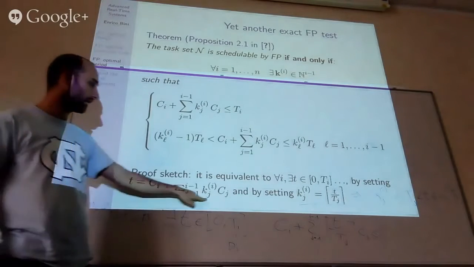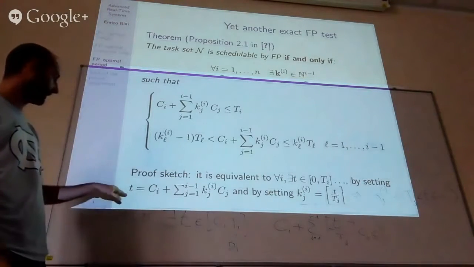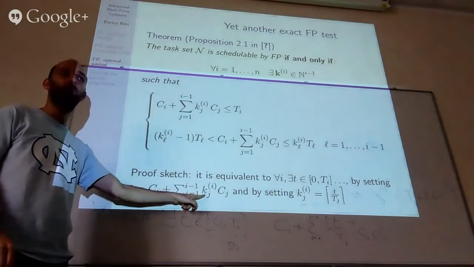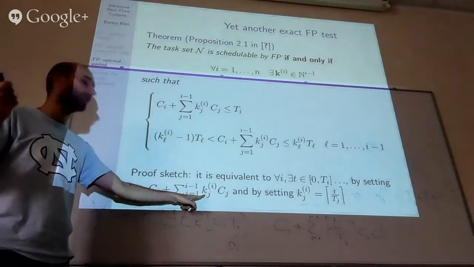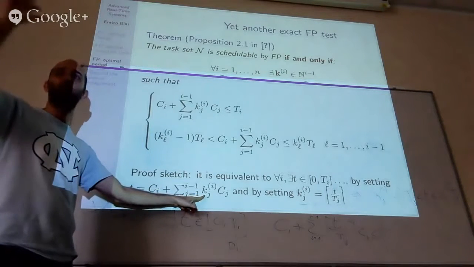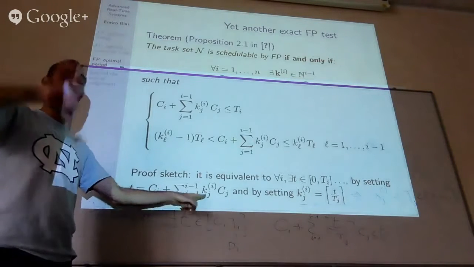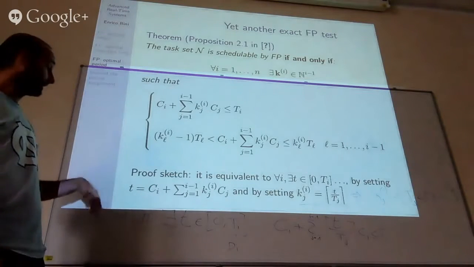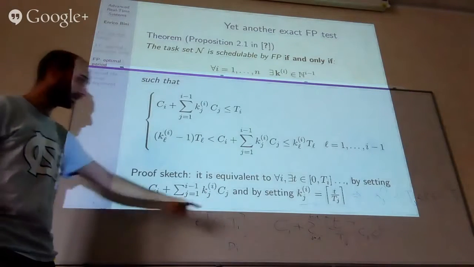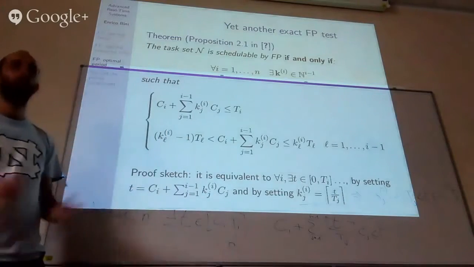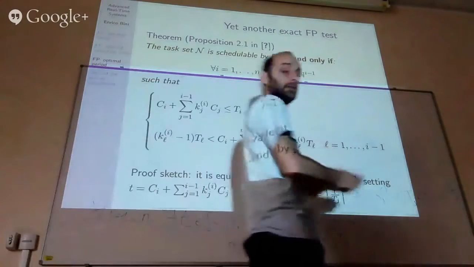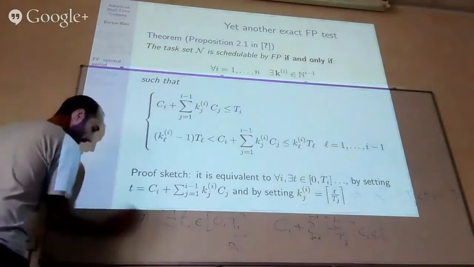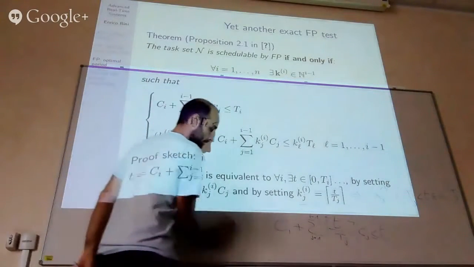We choose T according to this, interpreting the K as the number of jobs interfering in T. If we do this choice, then the T chosen this way will satisfy this property. The details are in papers, and these are not really important here.